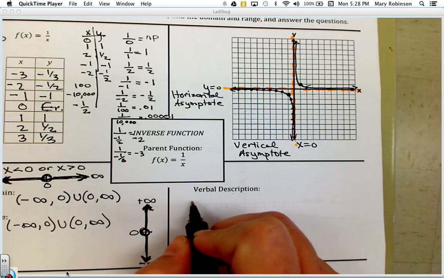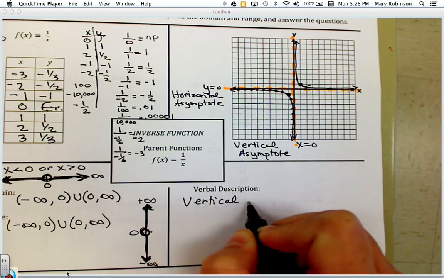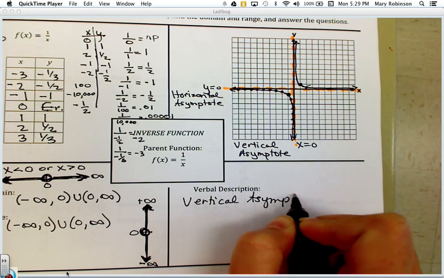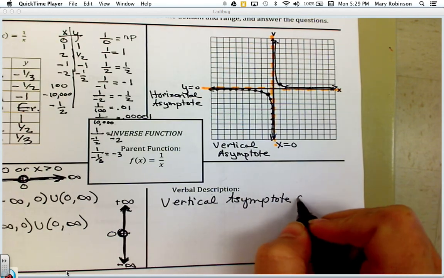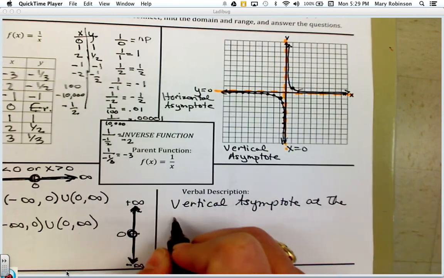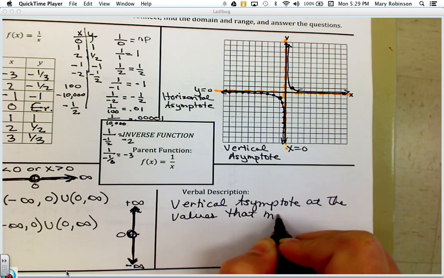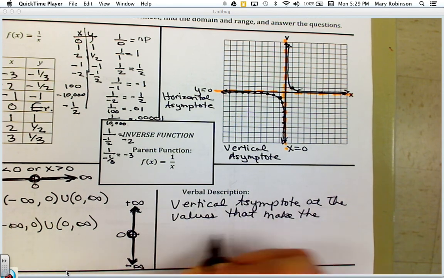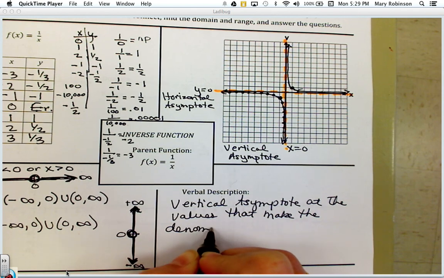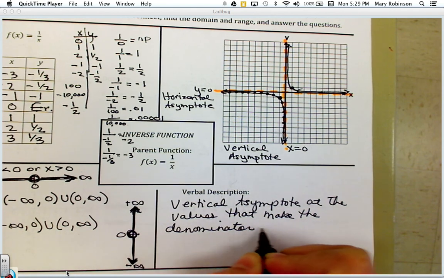So let's write down here that we have a vertical asymptote at the values that make the denominator equal 0.